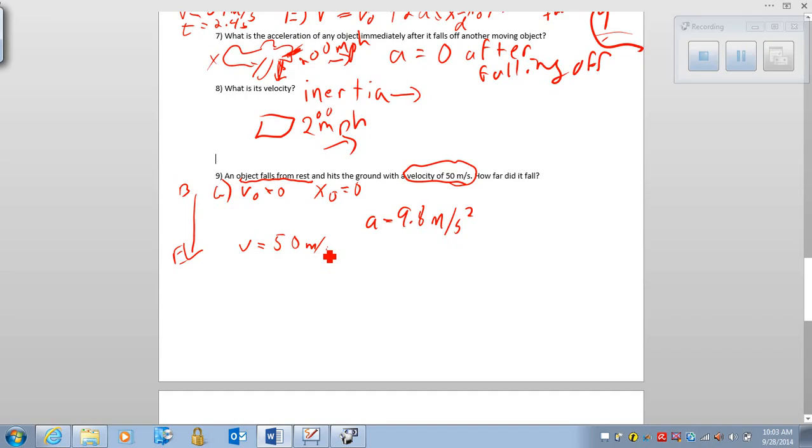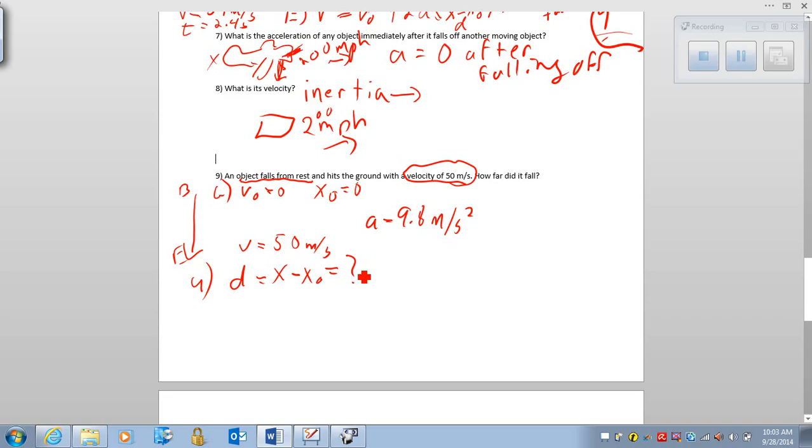So the unknown is how far did it fall? How far is a distance, and we know that our distance is equal to our final position minus our initial position, which is our unknown.